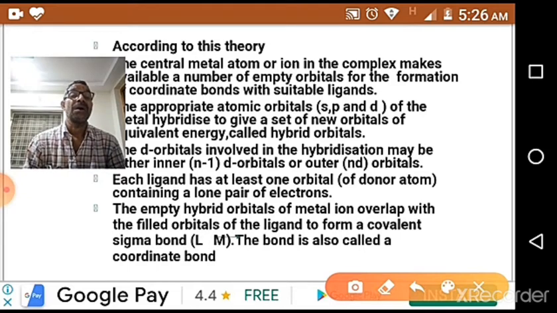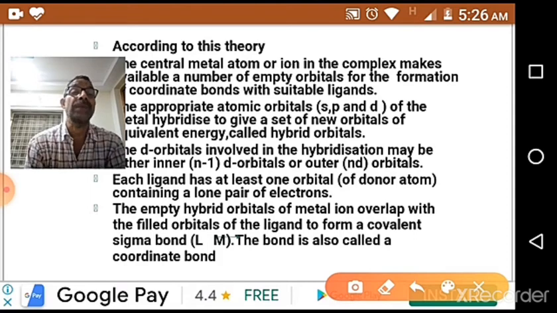As per this point, a bond is forming between the central metal atom and the ligand. The ligand is donating an electron pair, a lone pair on the donor atom, which is available freely.